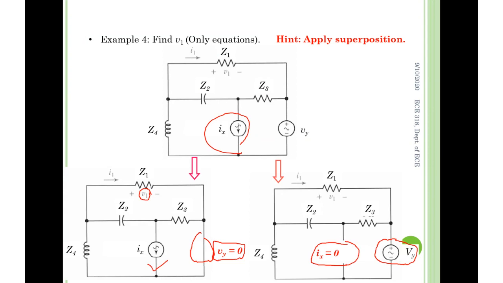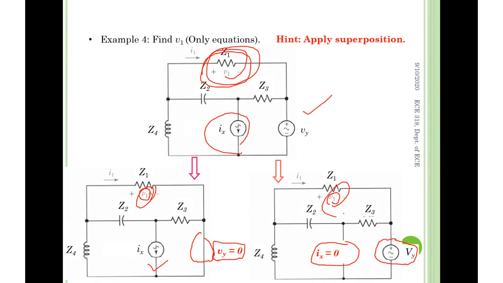So split the original circuit into two individual circuits, right? And then from the second circuit, you're looking for V1 as well. Of course, the two V1s are different. And the total V1 we are looking for in the original circuit equals what? This V1 plus this V1. This is what superposition did.